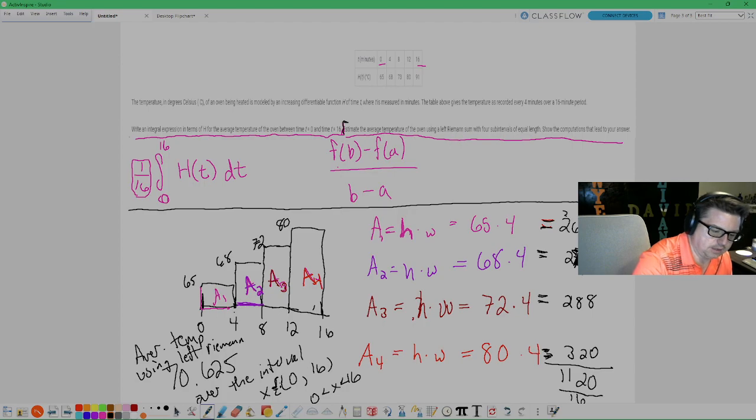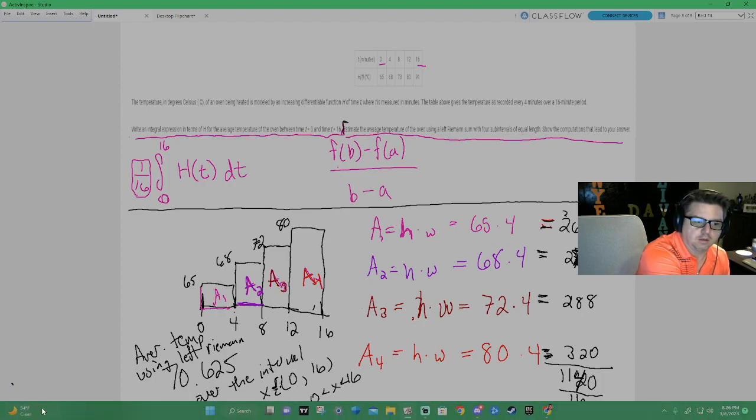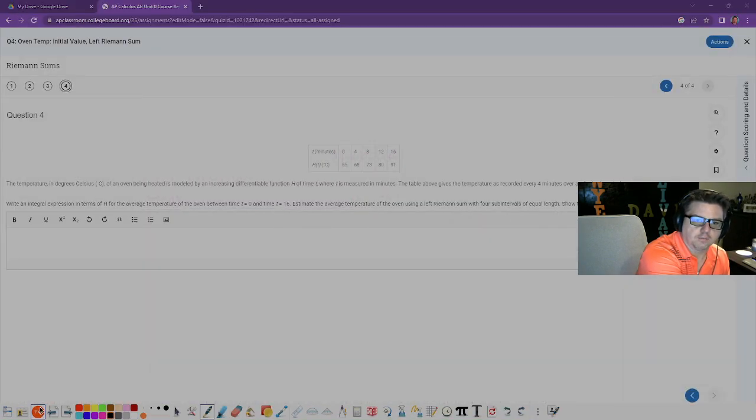And then 80 times 4, 320. Okay, so then 260 plus 272 plus 288 plus 320 is 1140. Thank you. Divided by 16 equals 71.25, which is still not the solution they got.